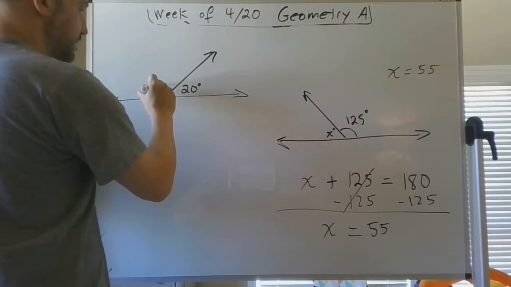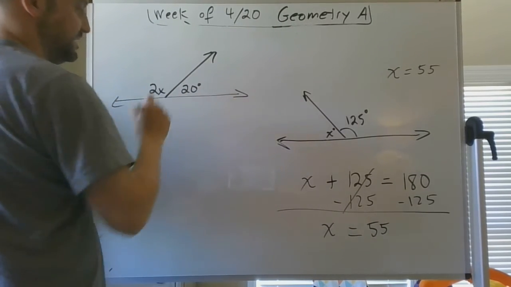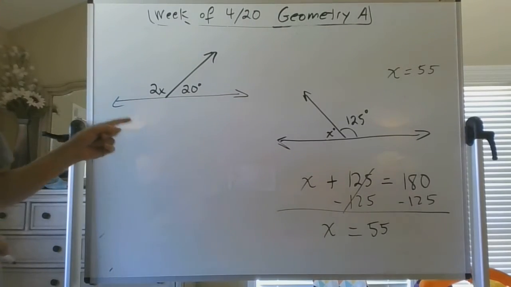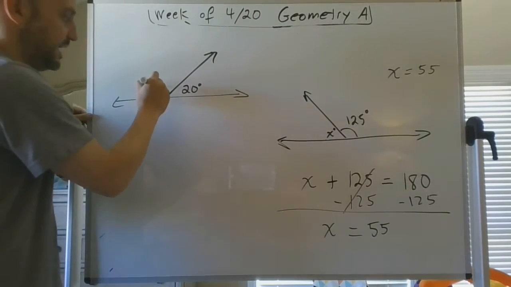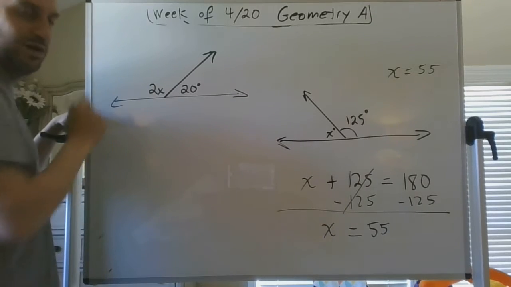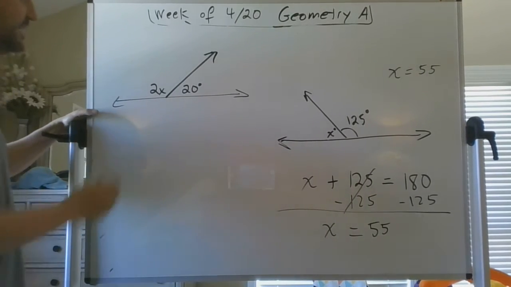And over here, I'm going to put 2x. Okay, so it's not an x, but this time it's a 2x. And my question is going to be, what is x? Okay, so we're going to solve for x.